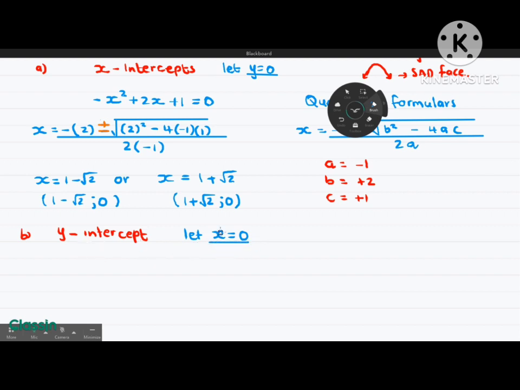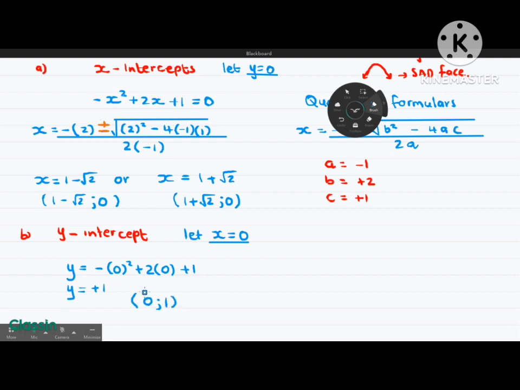Now, if x is 0, from the original equation, we say y equals minus, open bracket, 0 squared plus 2, open bracket, 0 plus 1. Then our y is going to be positive 1. If we write this in the form of coordinates, we say 0 and 1.